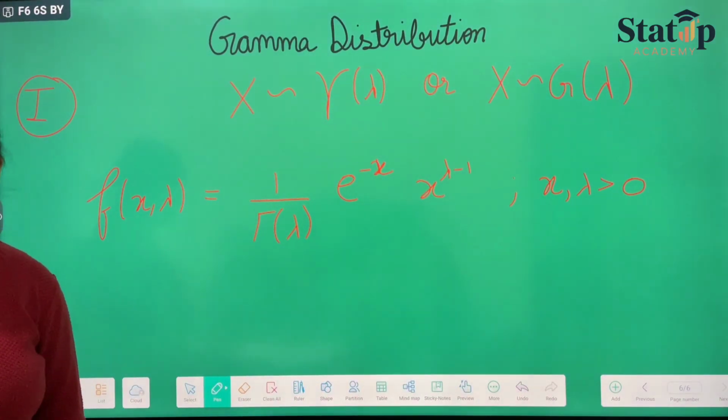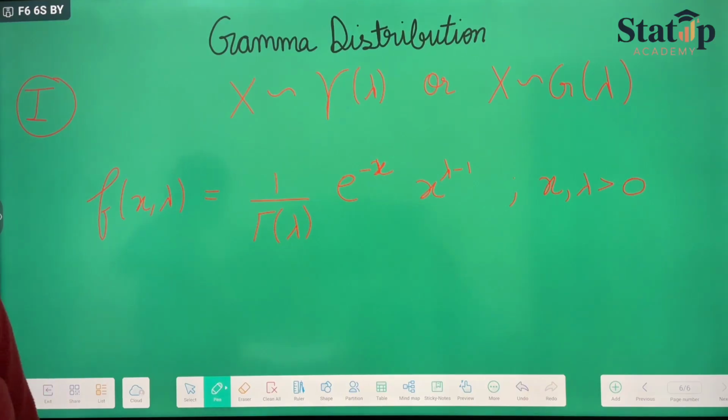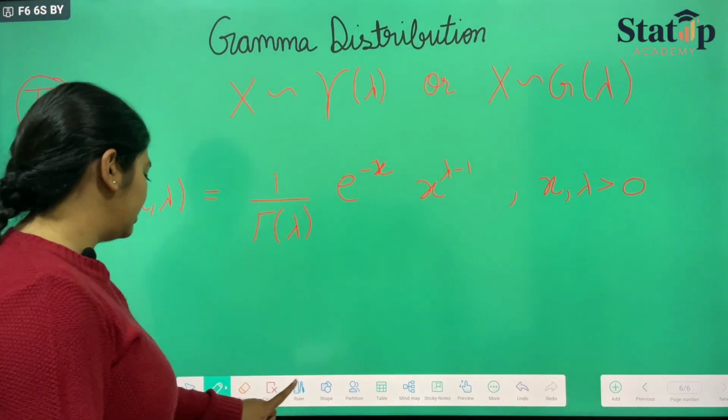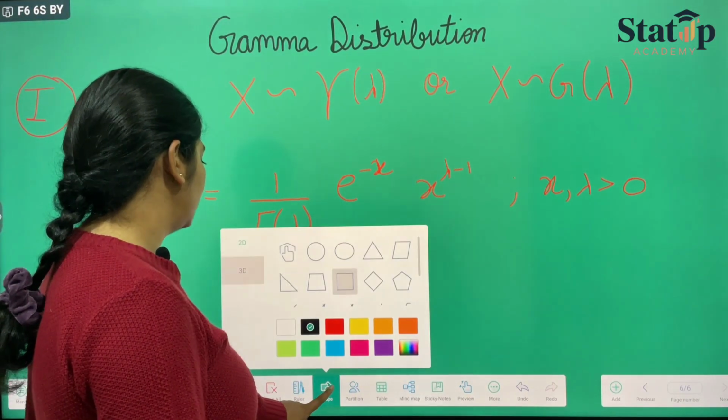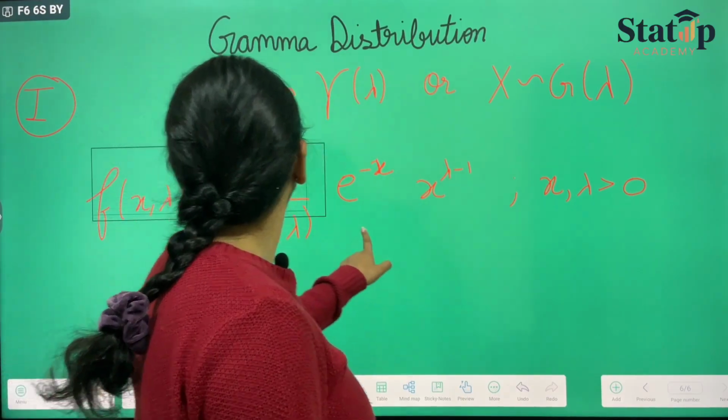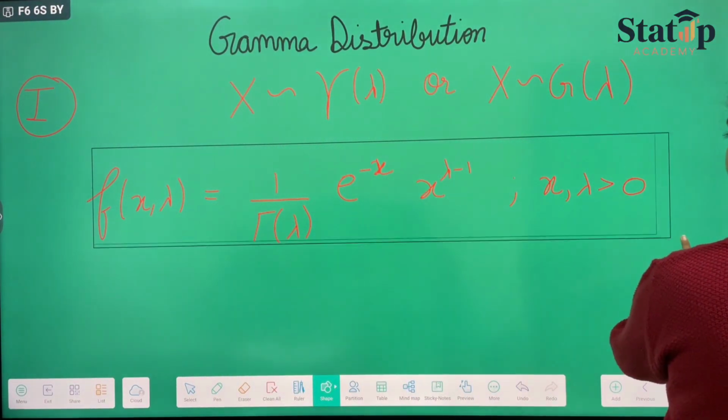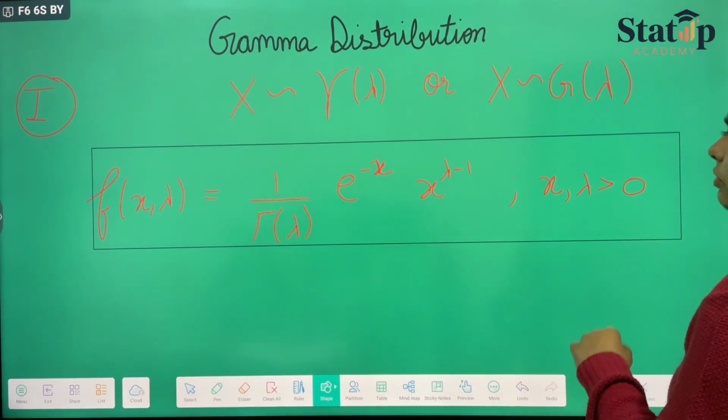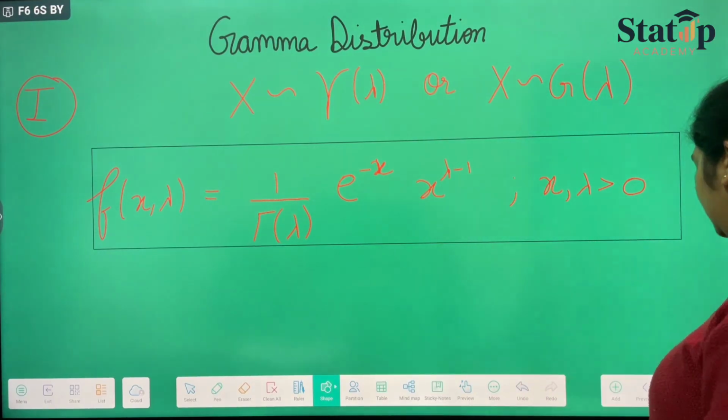This forms our PDF of the gamma distribution, and this is important. From here only we'll be doing various things.